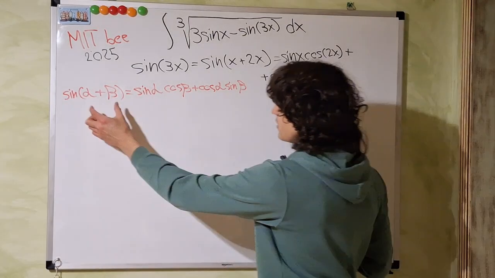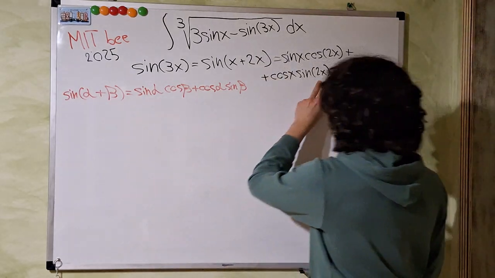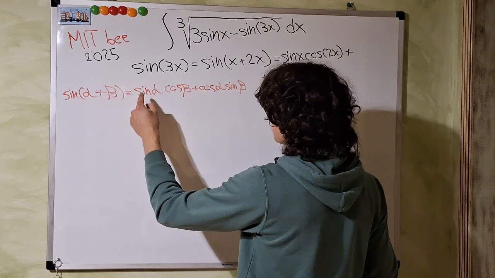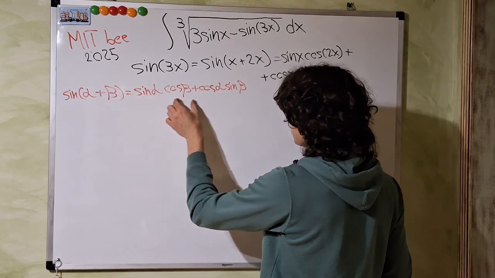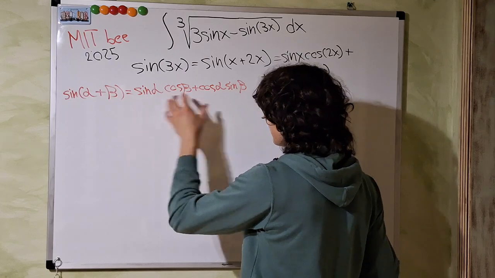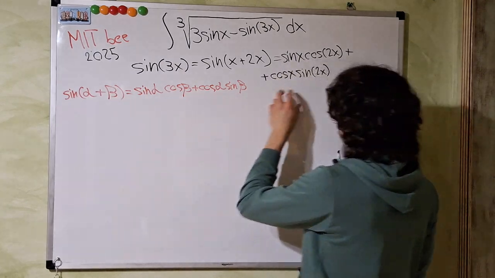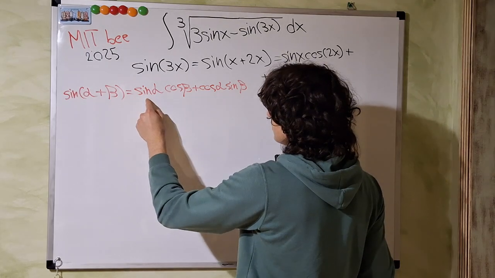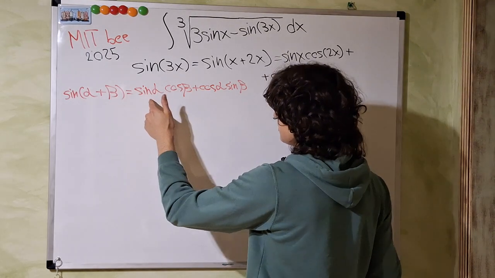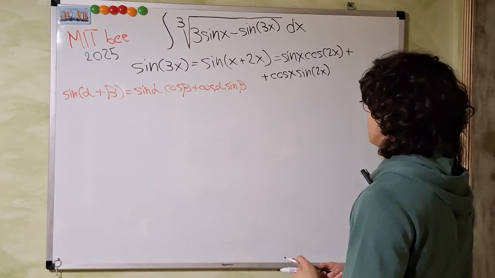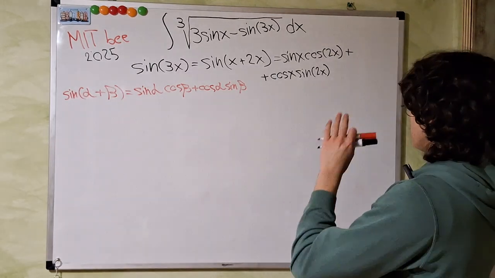And notice that if the two angles are equal, because here we have 2x is x plus x, this becomes sine of x cosine of x plus cosine of x sine of x. And we can write it as a sum of the two, because these two will be equal in this case, and write them as 2 times sine times cosine, of course sine of x and cosine of x.